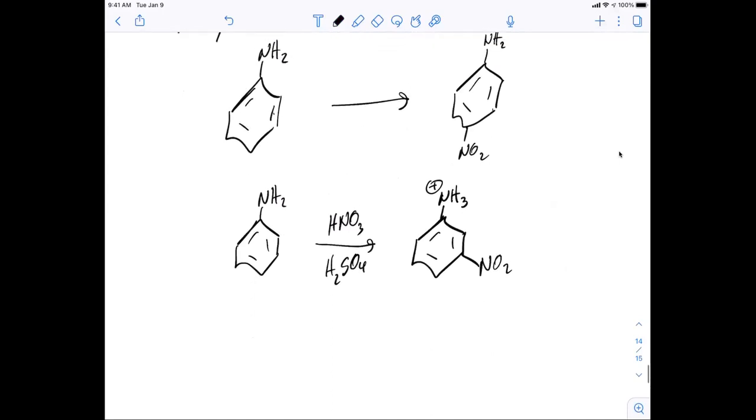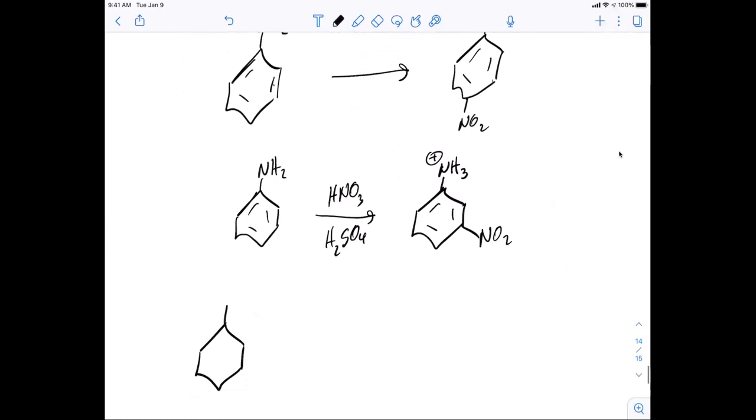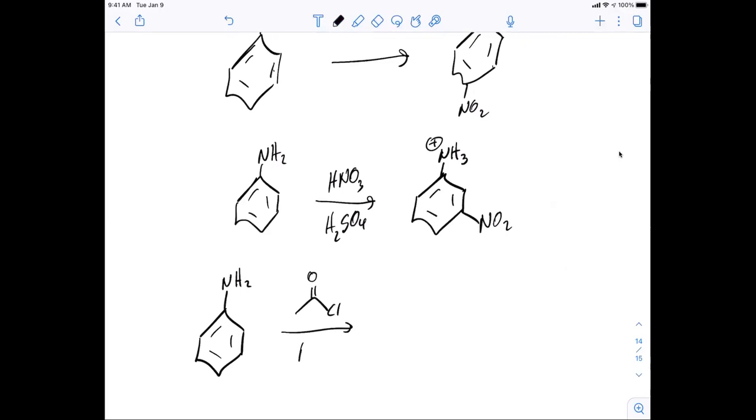So what I can do is I can acylate amines. And by acylating amines, I can protect those amines. So if I take this and react it with acyl chloride, sometimes you'll see pyridine in here or triethylamine. Now I have this group, the amide, it's not as basic.